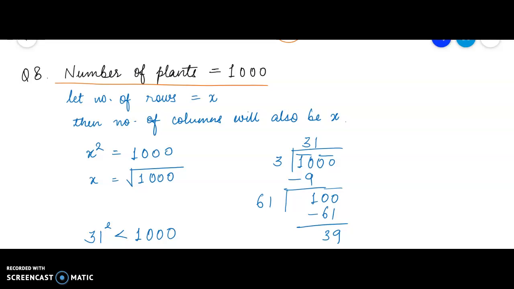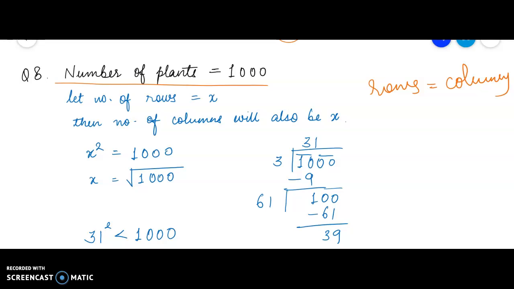So that means the gardener will have to have some more plants to make equal number of rows and columns. Right now he has 1000 plants, but you can compare this question with question number 5, that which least number should be added to the number. This word problem is of that type.